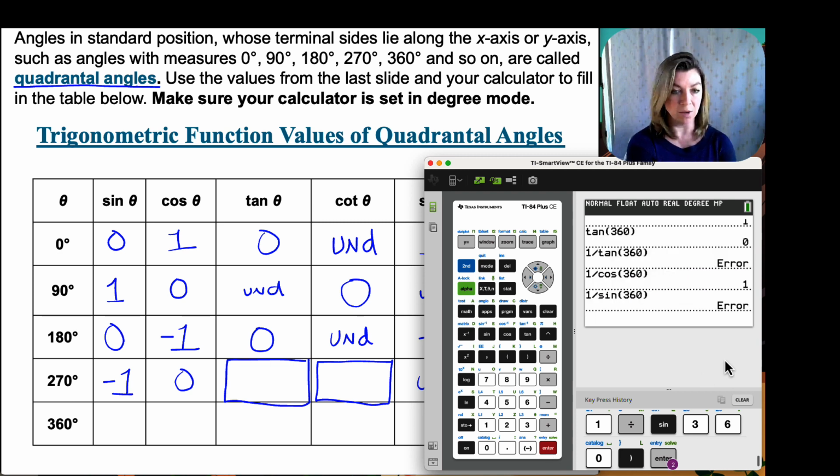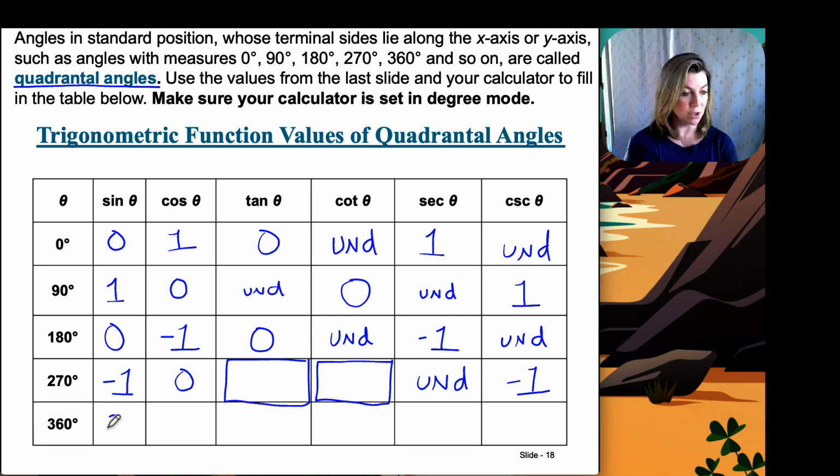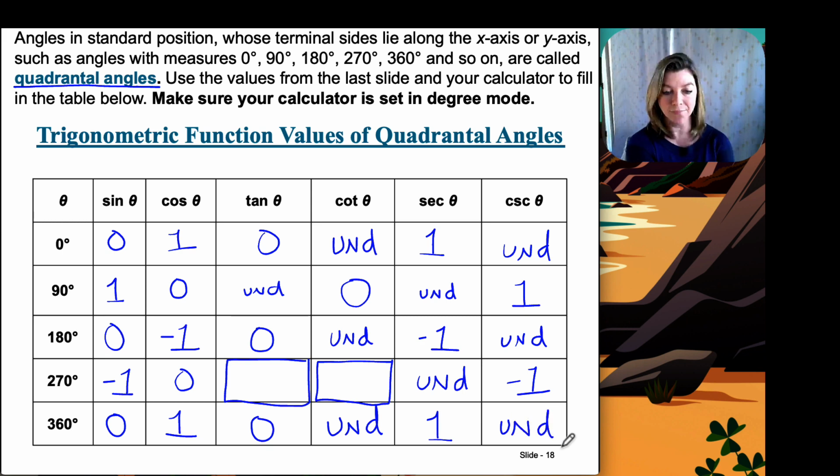So our last three would be undefined, 1, undefined. All right, let's see if that matches over here. Undefined, 1, undefined. Yes, so what we just learned is that the trig function values at an angle of 0 degrees are the same as the trig function values for an angle of 360 degrees, which if you sketch each one of those, you see that they terminate at the same location.